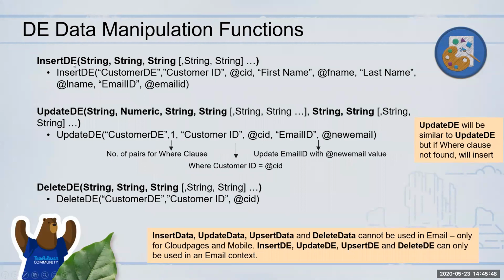You cannot use the ones that end with data in email. The ones that end with data are used only for cloud pages and mobile. And vice versa, the insert DE, update DE, delete DE, and upsert DE, you cannot use in cloud pages and mobile.